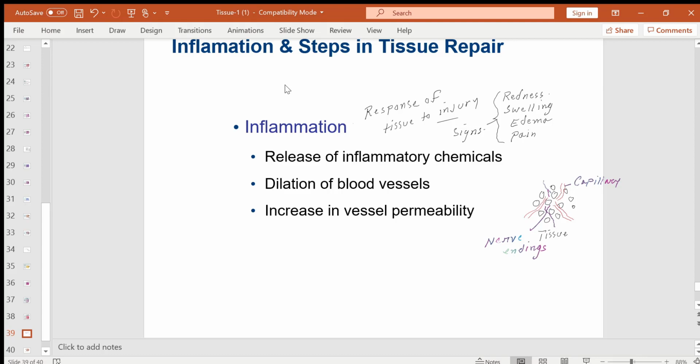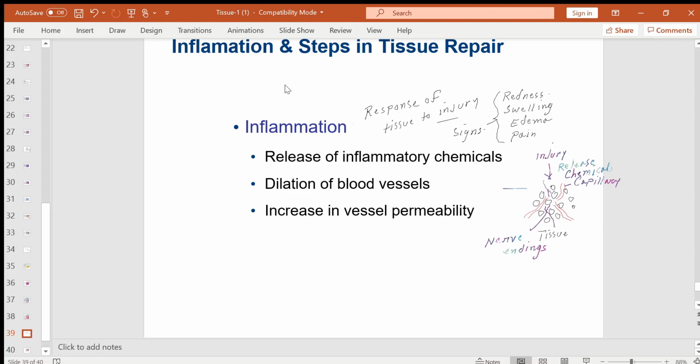Okay, so when injury occurs in the tissue, what happens? Some chemicals are released. So injury releases certain chemicals, okay, in that area.